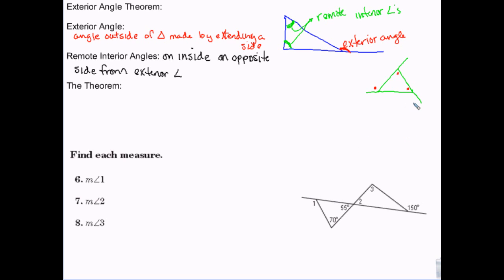If I was talking about this exterior angle here, those would be the remote interior. So you find whatever exterior angle you're talking about, and you go to the other side of the triangle. So one angle might be remote in one instance, but not remote in the other. So this one is remote to here, but it's not remote to here. So you just always jump to the other side of the triangle. Does that make sense?